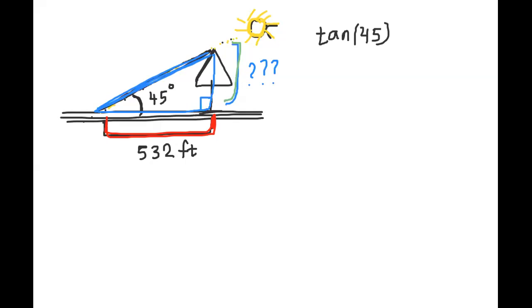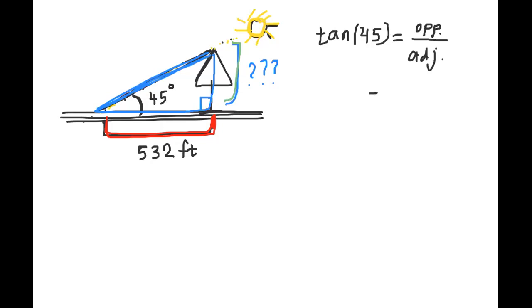Because we don't have the opposite side. We don't have the length of the opposite for the angle 45, but we have the adjacent for the angle 45. And we know the tan is equal to the opposite over adjacent.